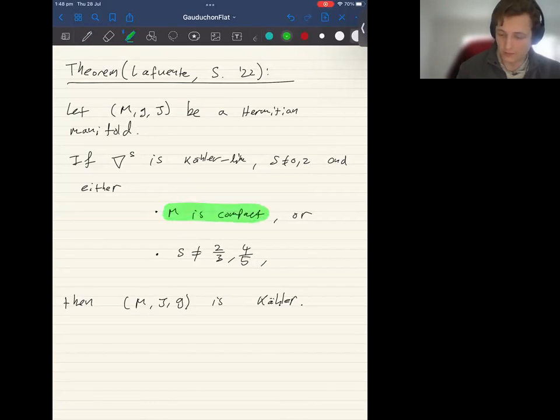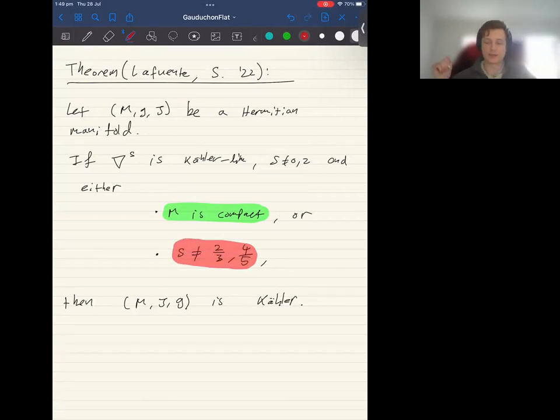So in particular, we prove the conjecture. And we also almost get it for the non-compact case, except for two values.